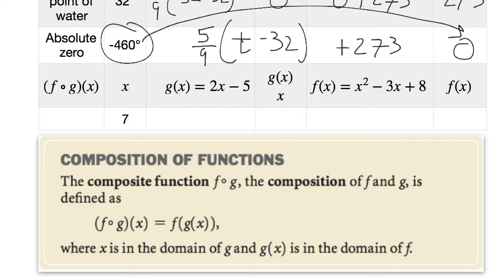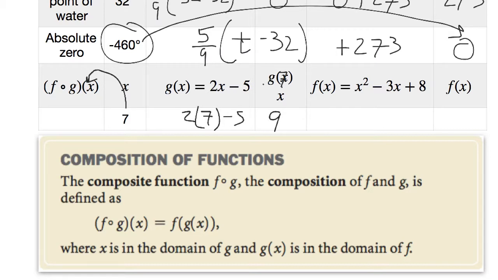I'm just going to do it numerically one more time. You can see that you first have to put it into g. And that would be 2 times 7 minus 5. 2 times 7 is 14 minus 5, which is 9. 9 is the output, g of x. g of 7 is 9.